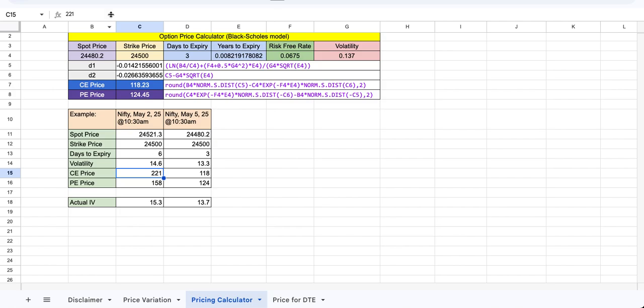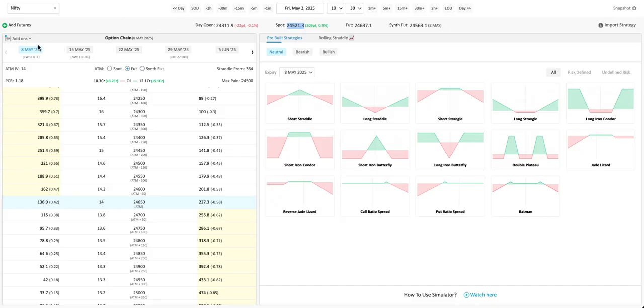Now the days to expiry. Here you see that we have chosen the 8th May 25 option, and the current date is 2nd May. So how many days are left? Here you see CW, which means current week, and 6 DTE, which means 6 days to expiry.